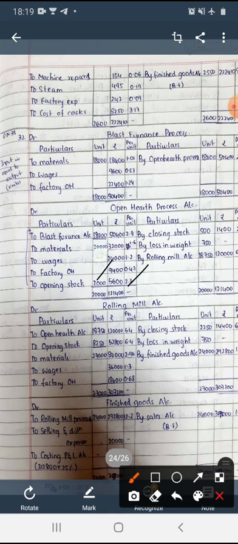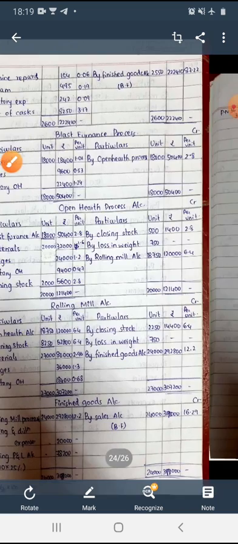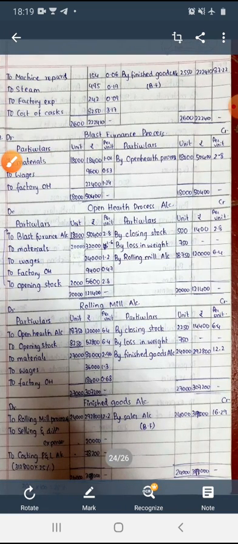Then next, the material total. Now how many units? 18,000 plus 2,000, that is 20,000. Wages and factory overhead as it is. Next, there is closing stock under this. The closing stock is 500 units, and the per unit is the same as the opening stock, 2.8.